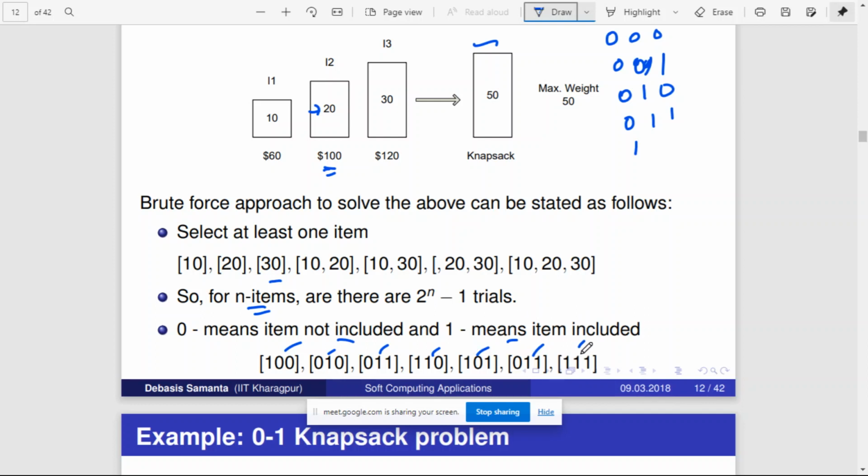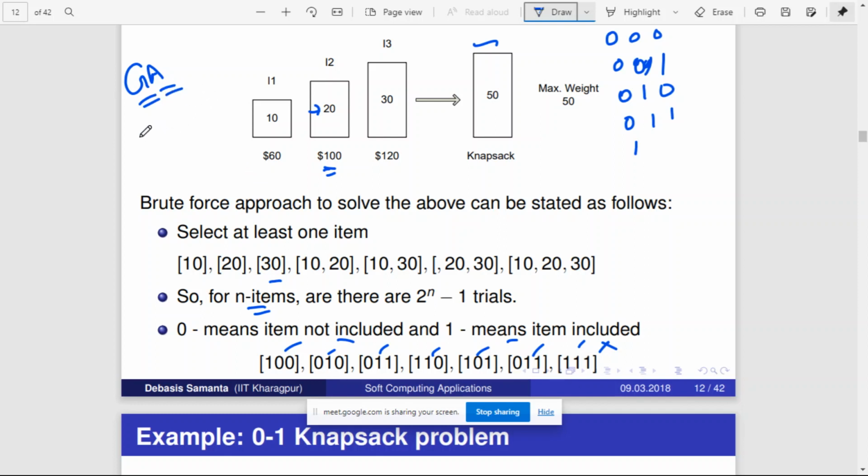Now from this, some of the combinations may not satisfy the constraint. In this case, this combination will not satisfy the constraint, so we have to ignore this. So this is the initial population. We are discussing how to represent the initial population if you want to solve this problem using a genetic algorithm.